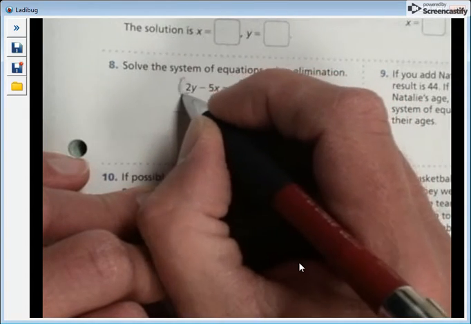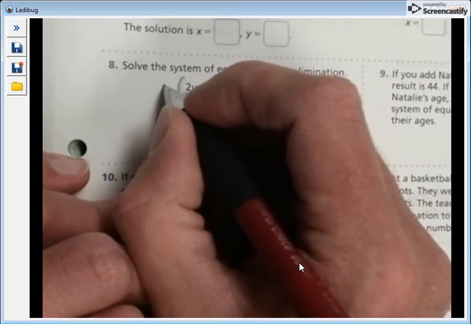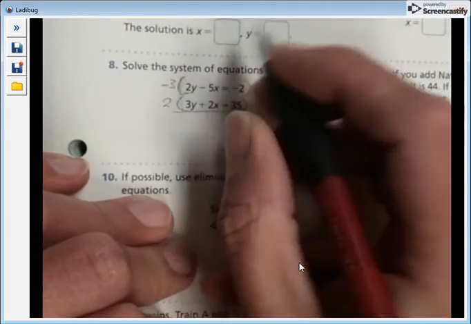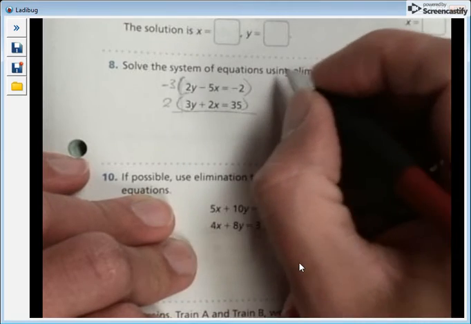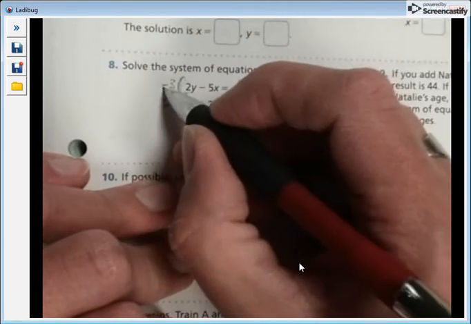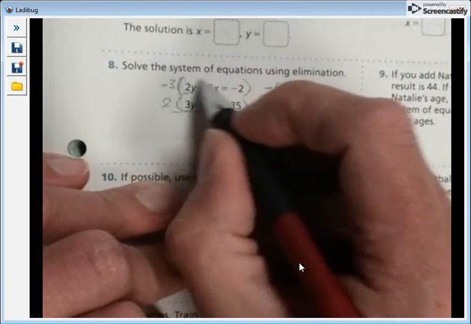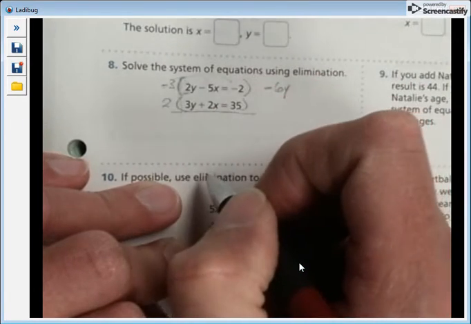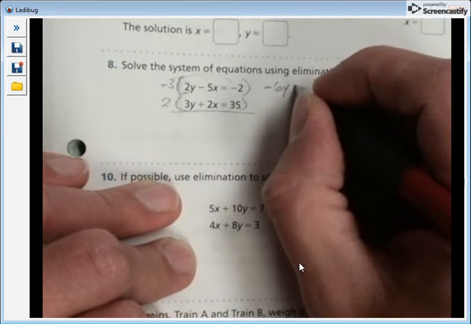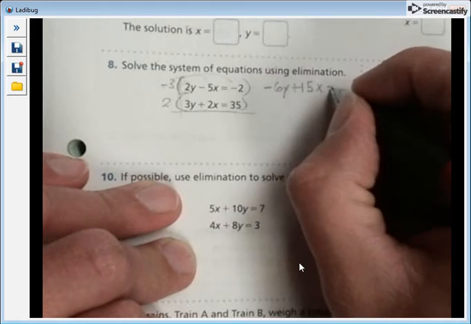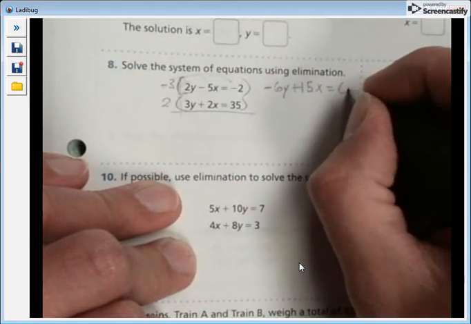So I am thinking, if I multiply this by -3, and I multiply this by a +2, I'm going to have that situation where I'll have opposites, right? -3 times 2y is going to give me -6y. And then I have to use that distributive property, multiply everything by the -3. So that's going to be a +15x, and then a -3 times a -2 is a +6.